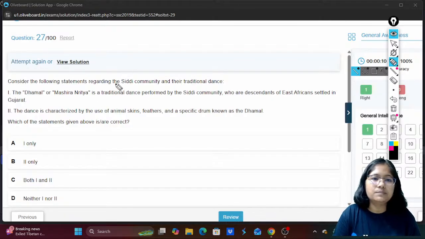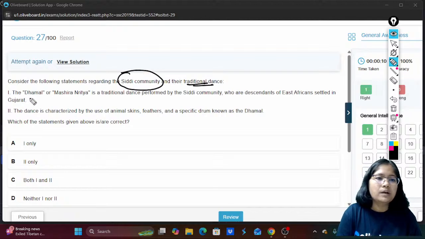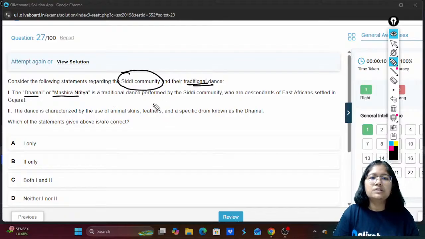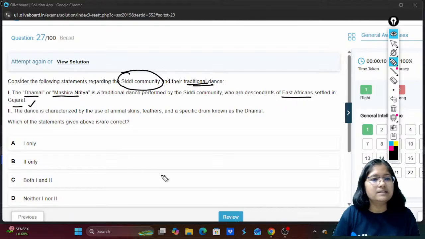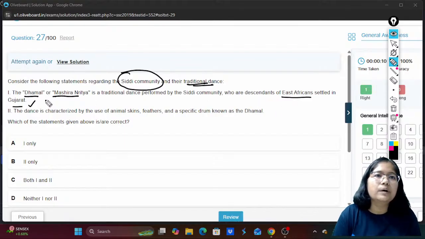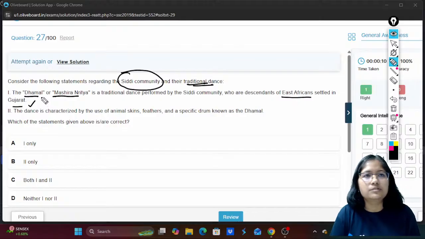Consider the following statements regarding the Siddhi community and their traditional dance. The Dhamal and Mashira Nritya is a traditional dance performed by the Siddhi community, who are descendants of East Africans settled in Gujarat. Is this correct? Yes, they are the descendants of the East Africans settled in Gujarat. You have given the correct answer to the last question.